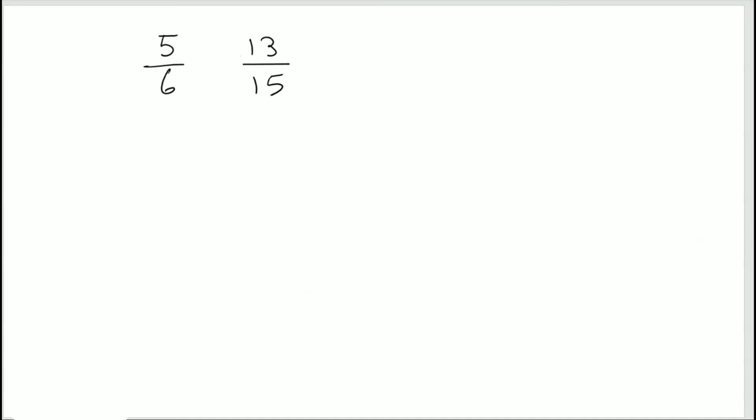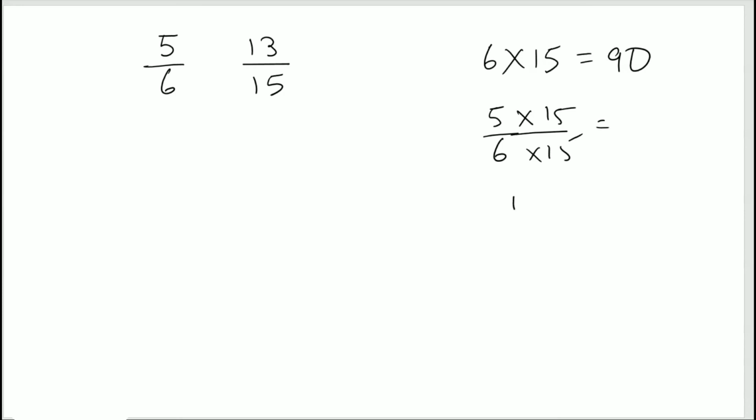Similarly here, we can multiply 6 times 15, which is 90, and then convert each of these into equivalent fractions, like 5 times 15 over 6 times 15, and then 13 over 15 times 6, and we can compare this, right? That is fine.